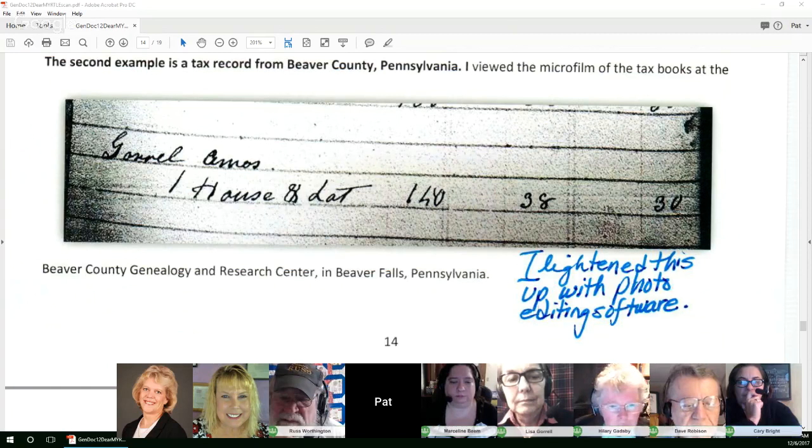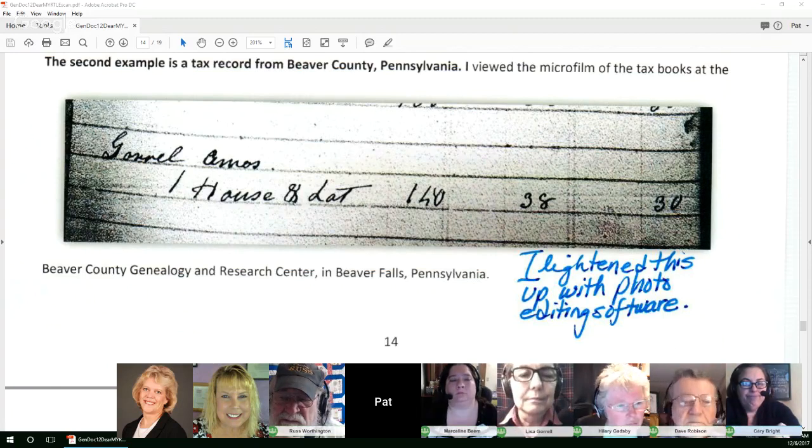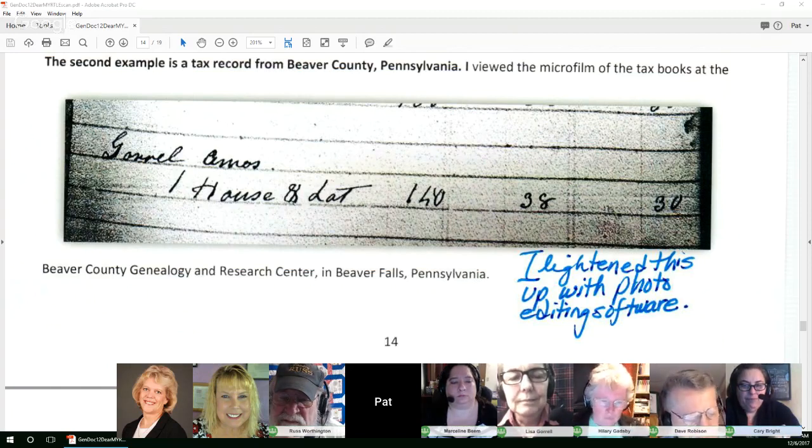And this is why a one-off partial screen capture without the full page can be suspect, because we don't know if this came from a completely other source. It could be a different locality. It could be that I've not only lightened it up, but modified the value of the house to make it look as though I had a wealthy ancestor, which is a silly thing.